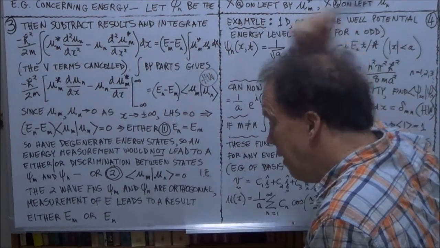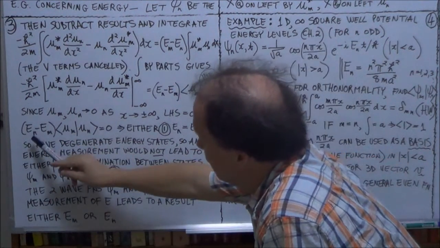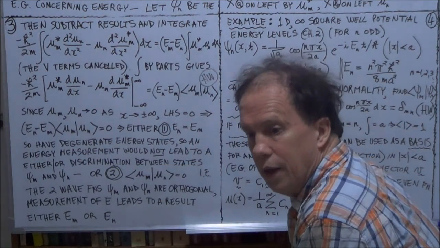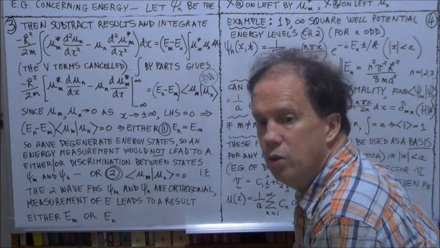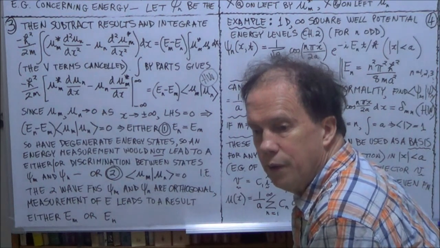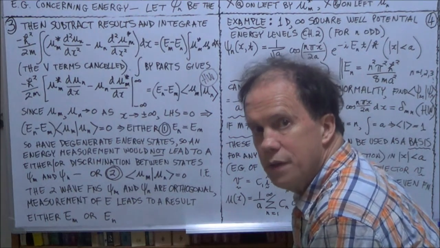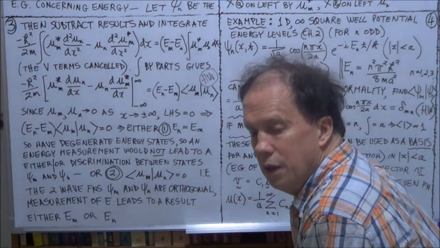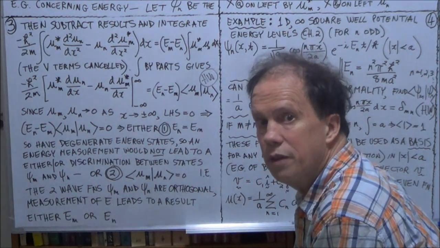Well, you now have two possibilities to make this 0. One is that En and Em are the same, and we assume that Um and Un are different. So if you have two wave functions that give you the same energy, by definition, those wave functions are degenerate.